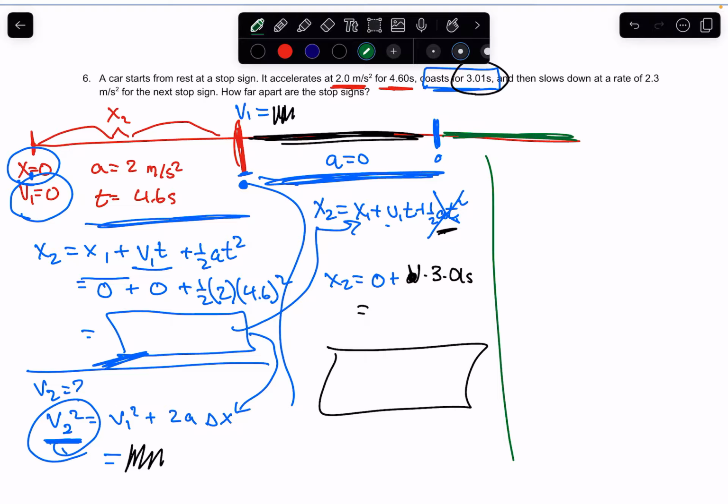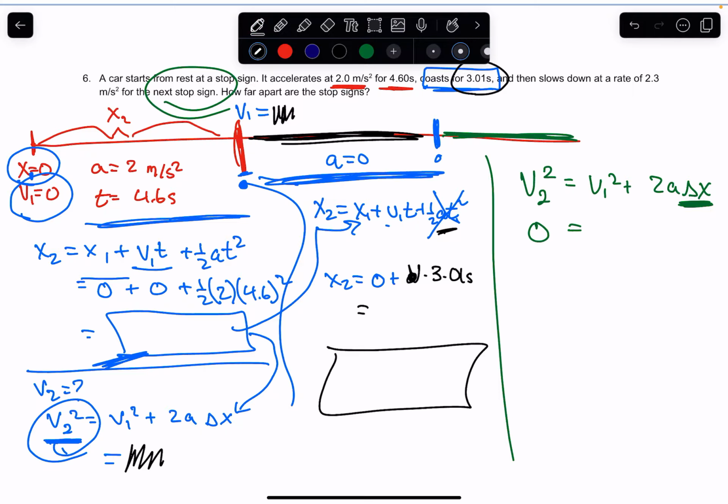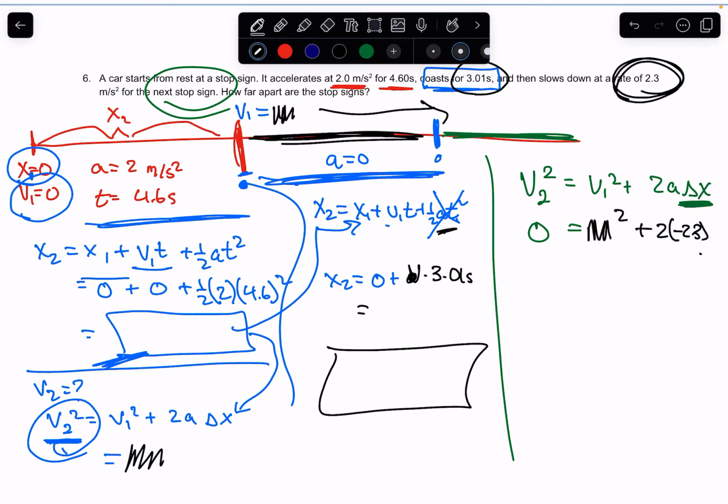We still know his speed, so I'm going to use the third equation, v2 squared equals v1 squared plus 2a delta x, and I want to solve for the x right here. v2 is 0, because he slows down to a stop at the next stop sign. v1 is the speed he has here, which is our black number, v1 squared, plus 2 times his deceleration of negative 2.3 times delta x. Solve for delta x, and that'll be some number.